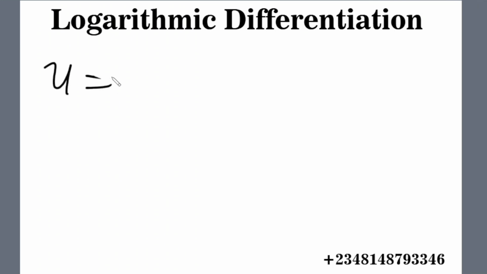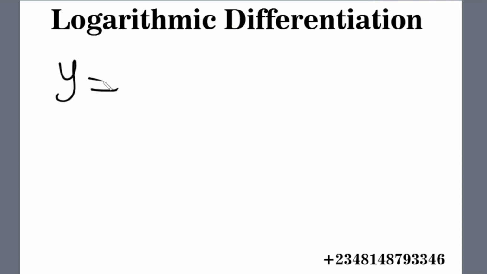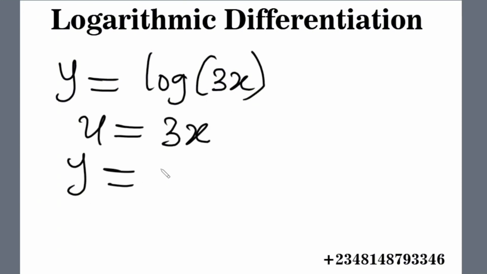So u equals 3x. Now, du all over dx equals, if you differentiate 3x with respect to x, it would give you 3.